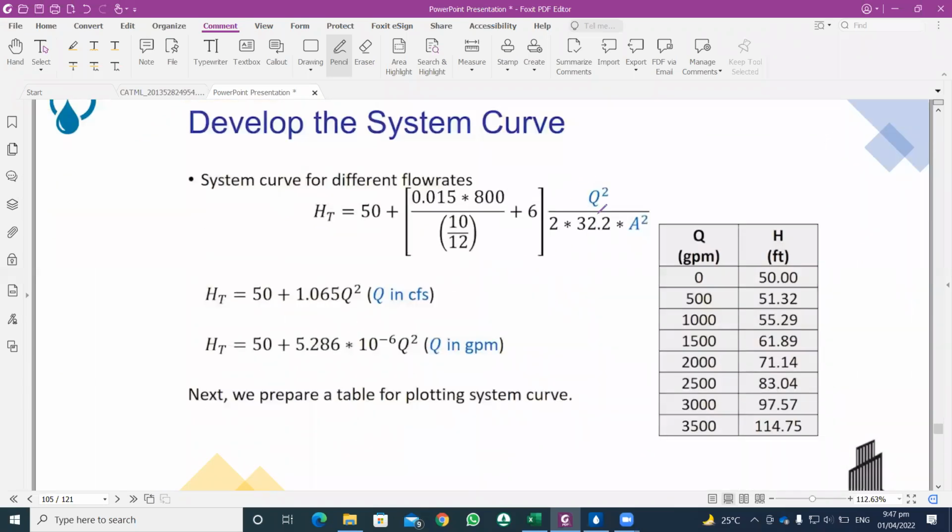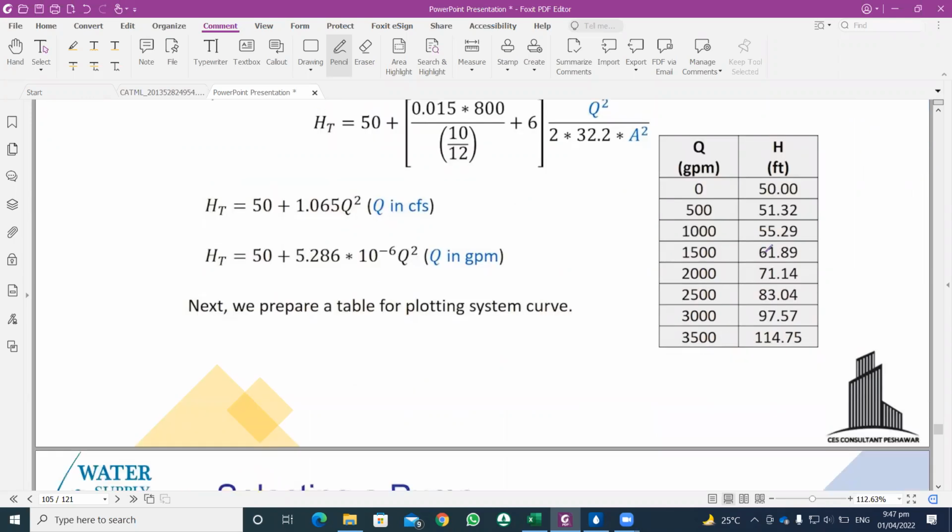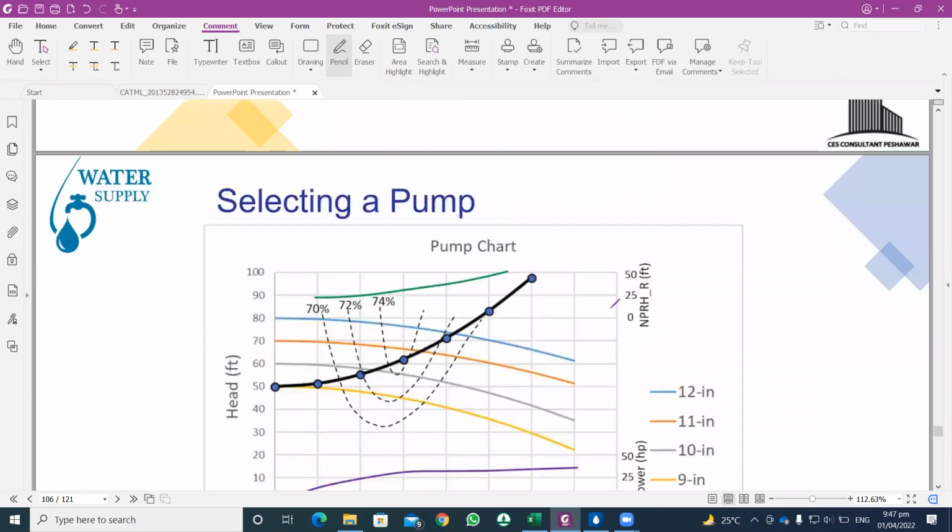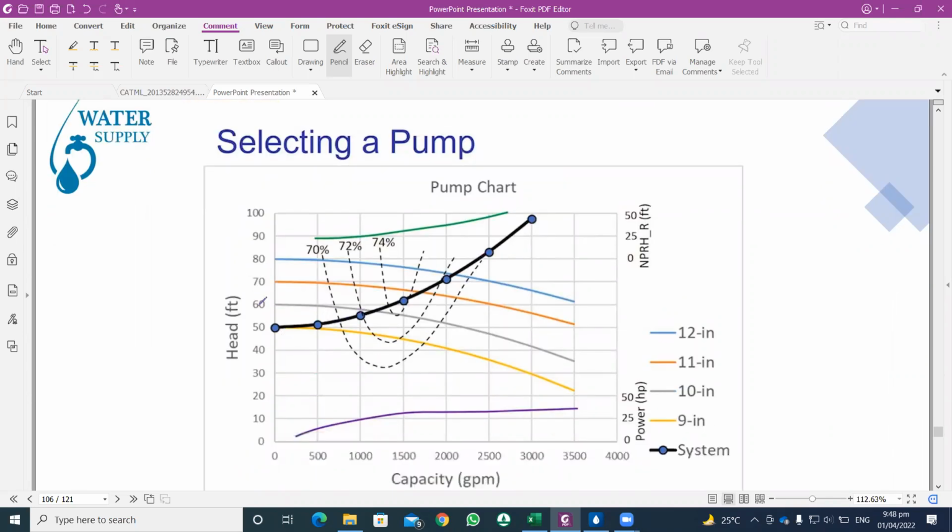By putting different flow rate values in this equation, we will get the head for different discharge values. By plotting in Excel, we will get a curve like this.